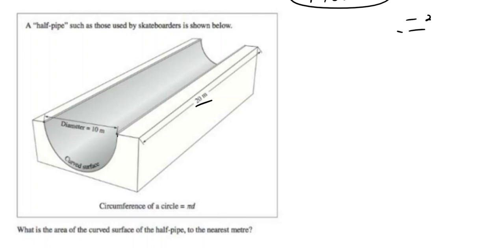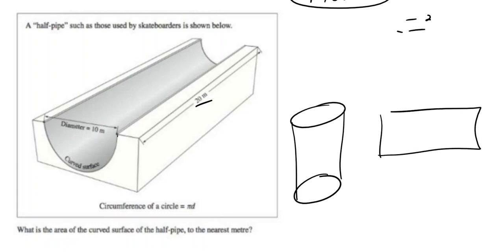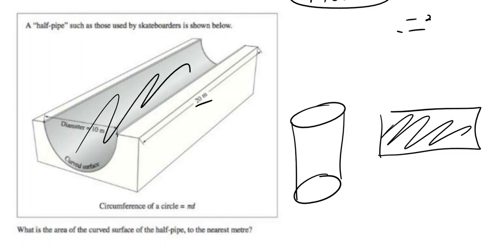Remember when we opened it all up, if we had our cylinder and we opened the whole thing up, do you remember how we were looking at a rectangle? That would be the whole thing. So all we're going to do is find the area of that rectangle once we opened it all up. But then it's a half pipe. I only need half of it, so I'm just going to divide it by 2 when we're done.